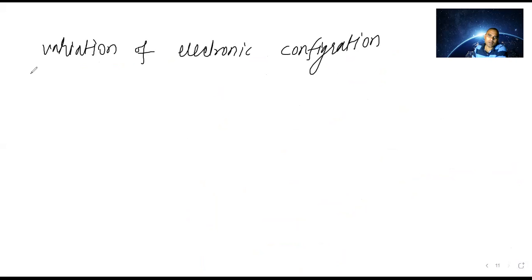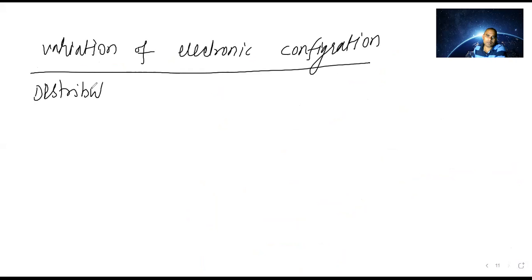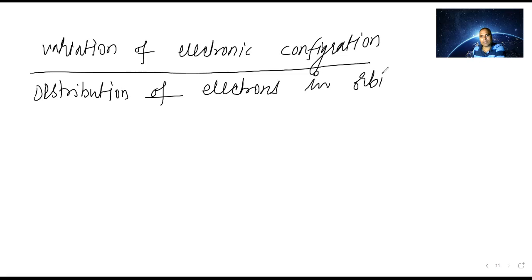If someone asks what is electronic configuration, how will you reply? It is the distribution of electrons in orbitals.